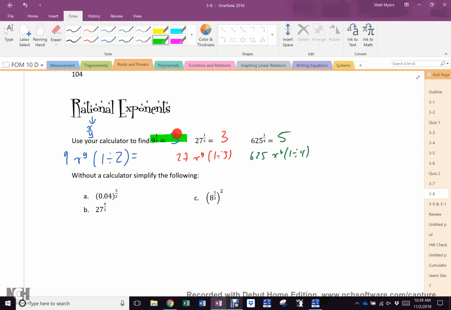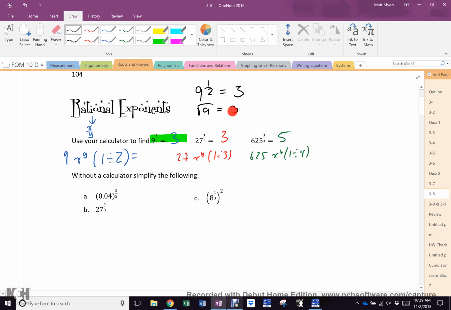All of you are good students of logic, right? So that means that 9 to the 1/2 equals 3. What else equals 3 when we're dealing with 9? Square root of 9 also equals 3.